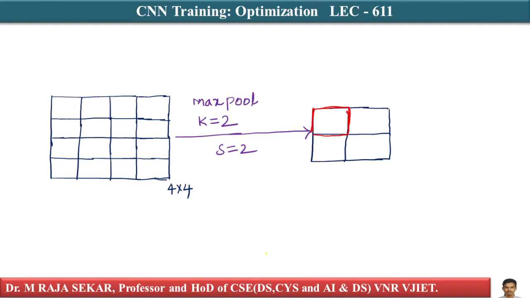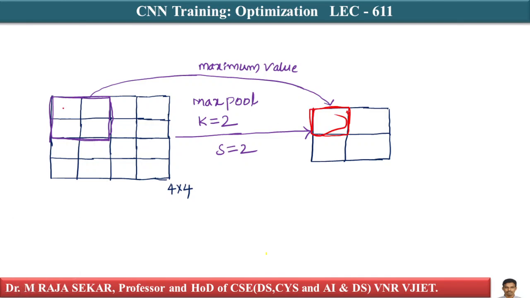The first cell I get here came from the maximum value. How will I get this first value? I will find the maximum of these four cells. This is max pooling.